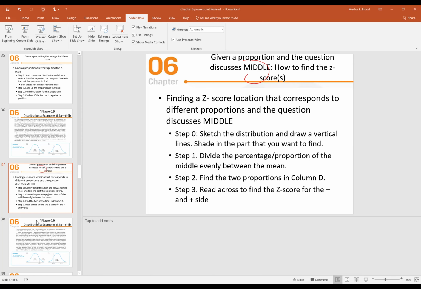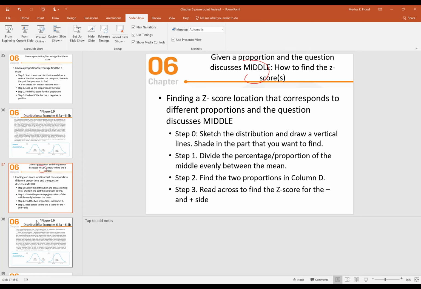You're going to shade in the part that you want to find. Then you're going to divide the percentage or proportion of the middle evenly between the mean. Then you're going to find the two proportions in column D. Then you're going to read across to find the z-score for the negative and positive side.